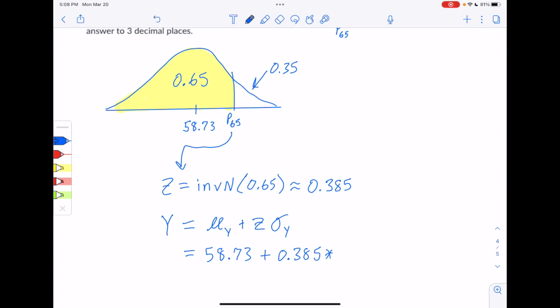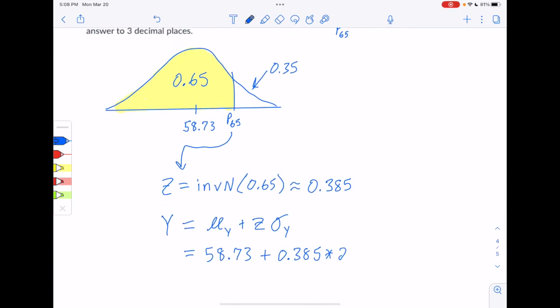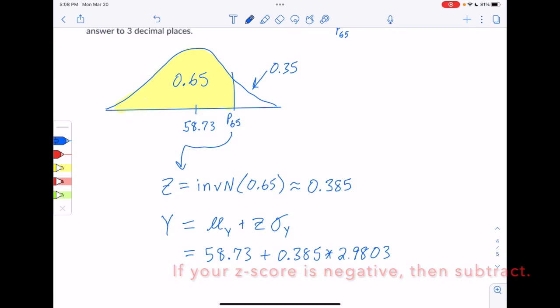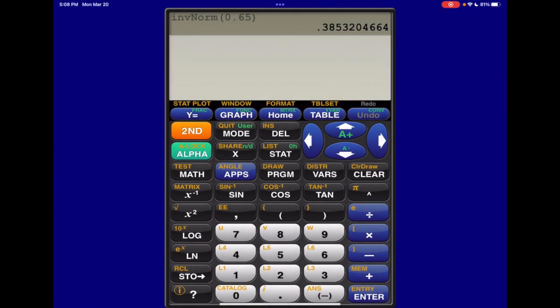And we'll multiply that times the standard deviation, which is 2.9803. Then we take that over to the calculator and enter that in, and we'll have our y value, which in this case is also the 65th percentile. So let's go take a quick look at that.